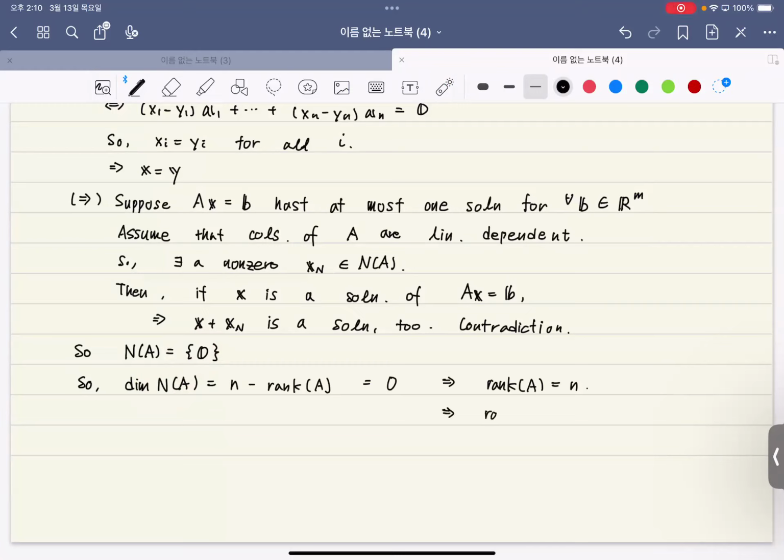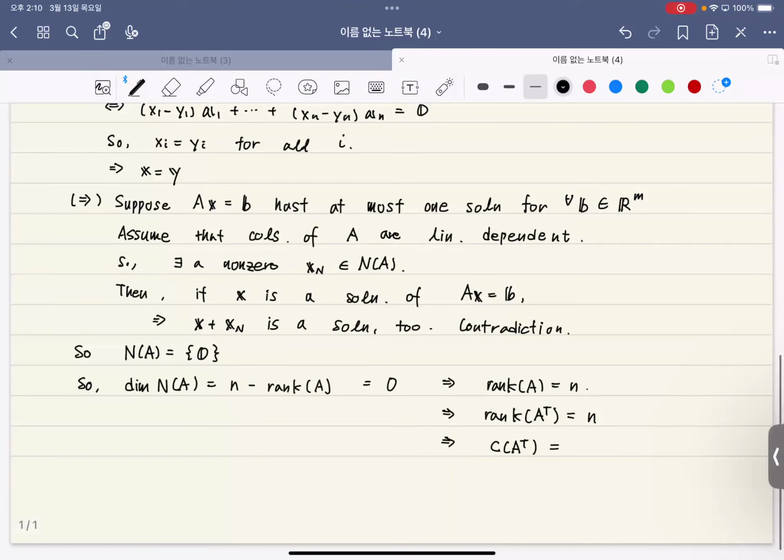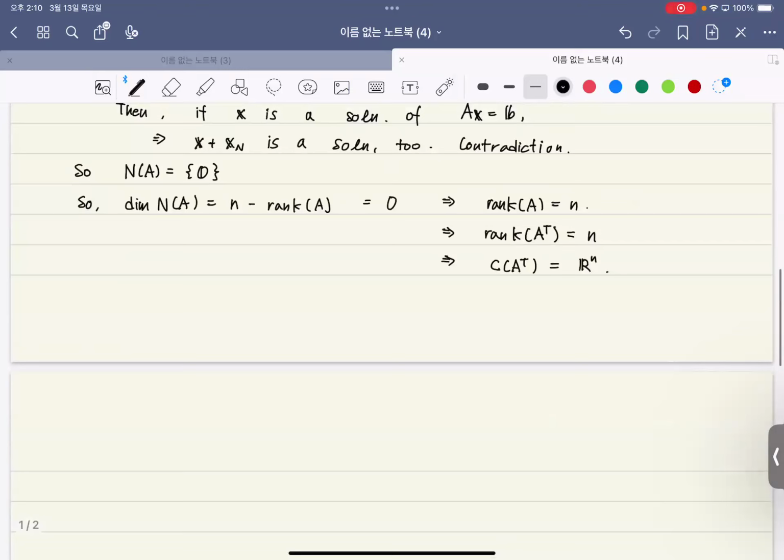And rank of A is the same as rank of A transpose, so this is also n. Therefore, the row space, in other words the column space of A transpose, must be Rn, right?